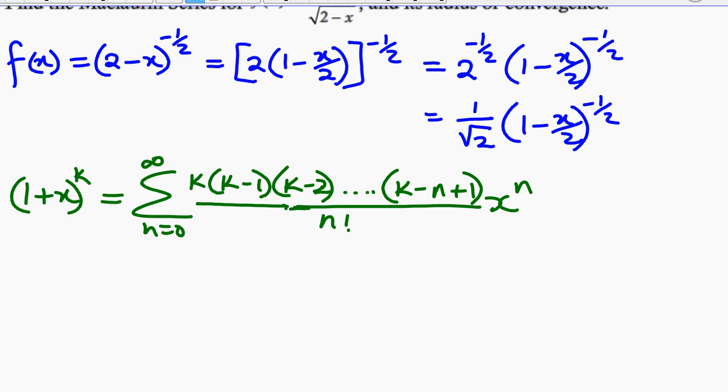Now, what we want to represent is this. We want to represent 1 over square root of 2 into 1 minus x over 2 to the power negative a half. This is what we want to represent.